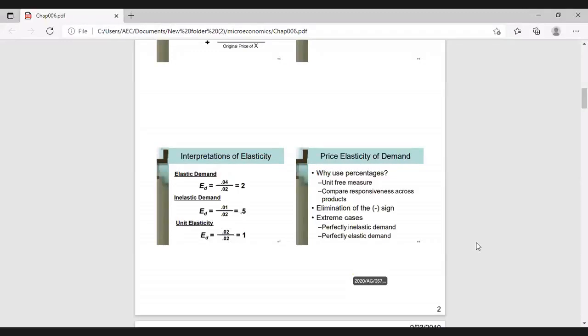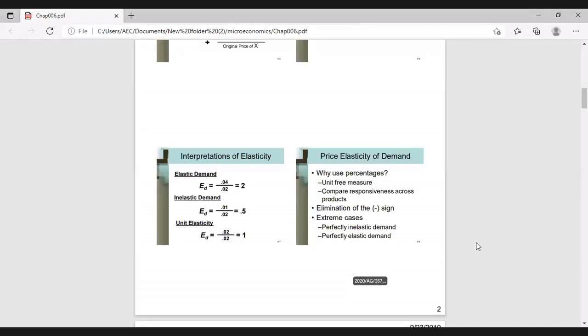So in perfectly inelastic demand, the demand curve is vertical, parallel to the vertical price axis. Perfectly elastic demand is another extreme case. The demand curve is horizontal, parallel to the horizontal axis, the quantity demanded axis.